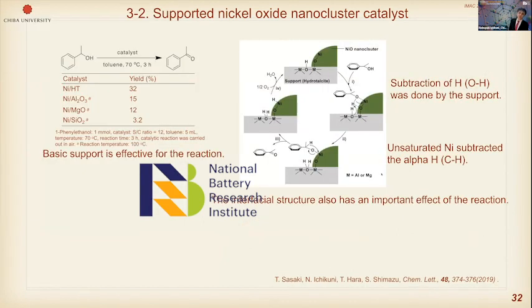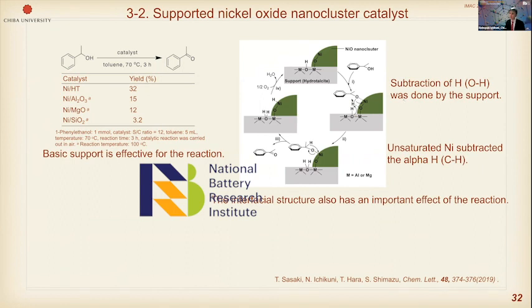Why is such a case observed? Of course, a basic support is important. However, hydrotalcite gives the highest activity. Aluminum and magnesium oxides are not so high. Compared to silica, very high activity can be obtained, however hydrotalcite is the highest. In this case, the OH group of the 1-phenyl ethanol was directly dissociated by the hydrotalcite support.